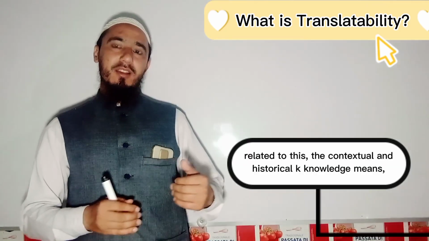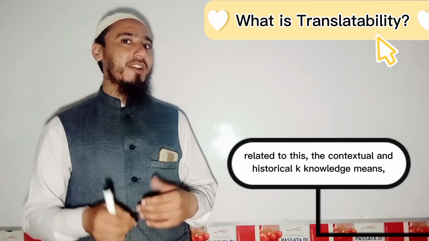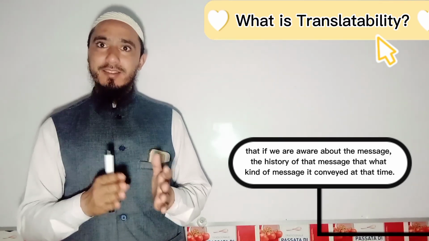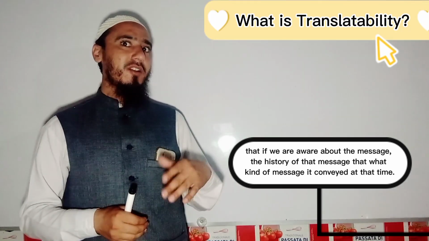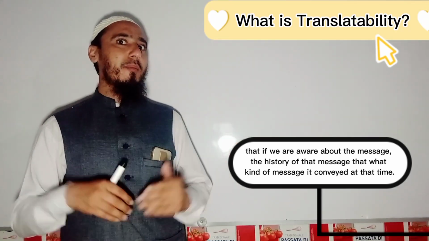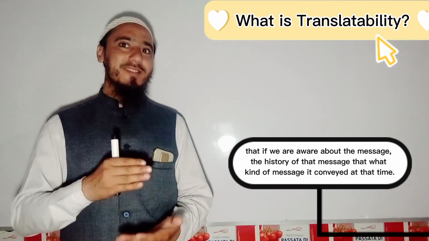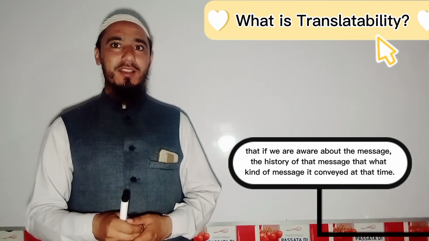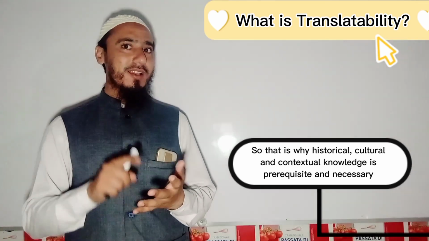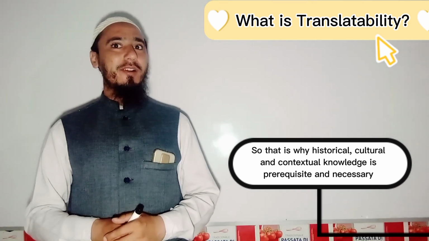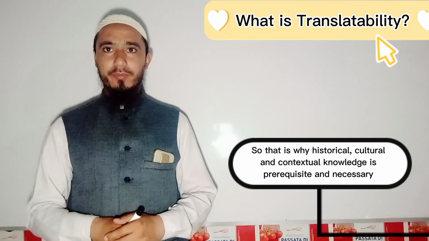Related to this, the contextual and historical knowledge means that if we are aware about the message, the history of that message, what kind of message it conveyed at that time, what kind of message it conveys recently. So that's why historical, cultural, and contextual knowledge is also prerequisite and necessary.